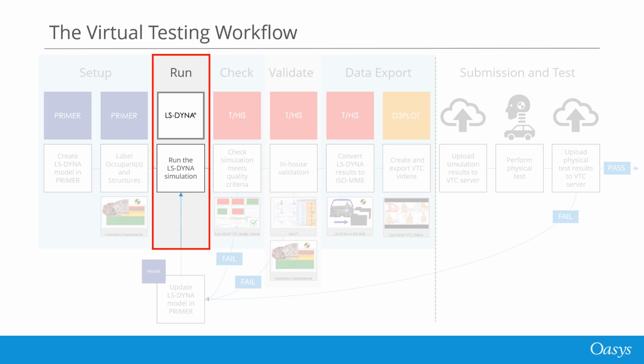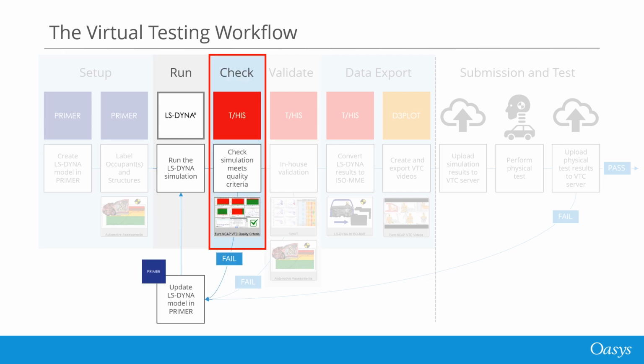After running the simulation, the VTC quality criteria check is used to ensure that the simulation meets the quality criteria specified by the protocol. If it doesn't, then you will need to update your model and rerun the simulation until it passes the quality criteria.